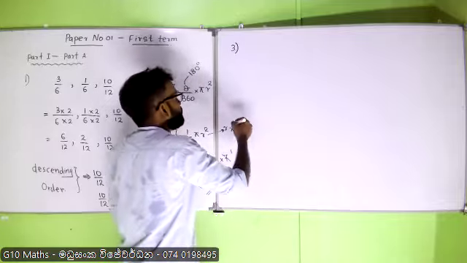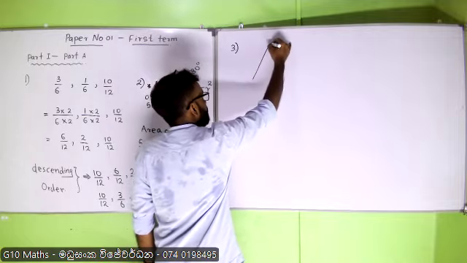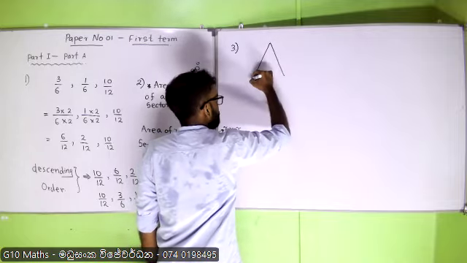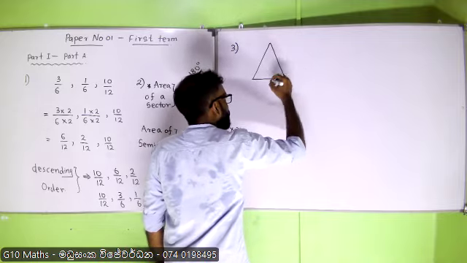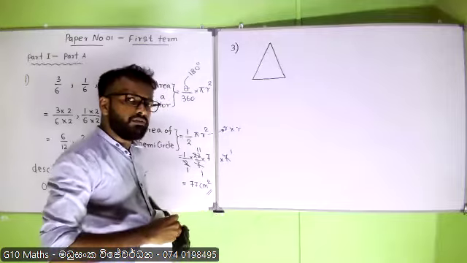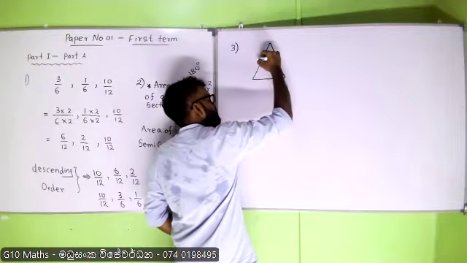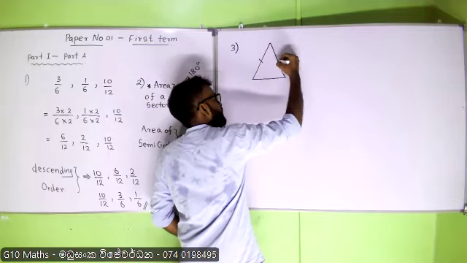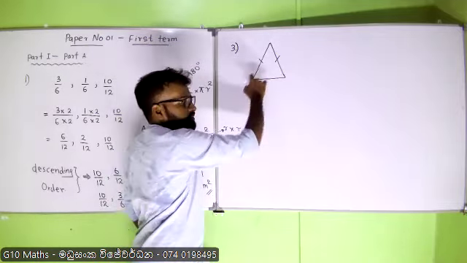Now think of a triangle like this. When you are doing a particular question, if you see an isosceles triangle, that means the length of this side equals this side. These lengths are equal.